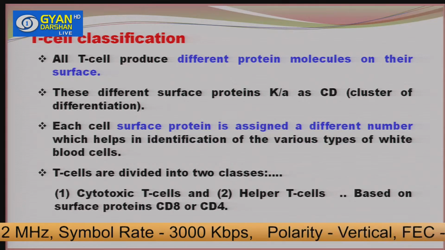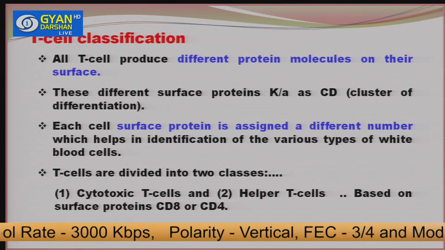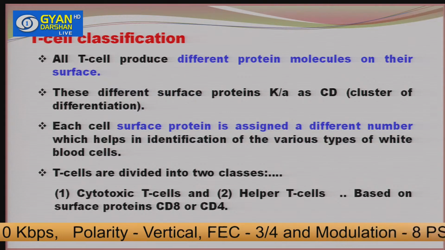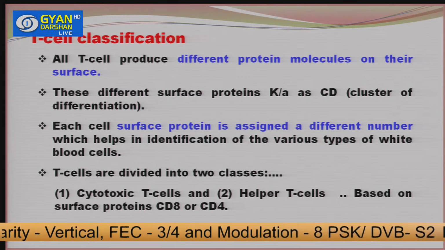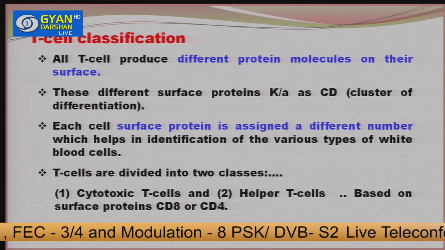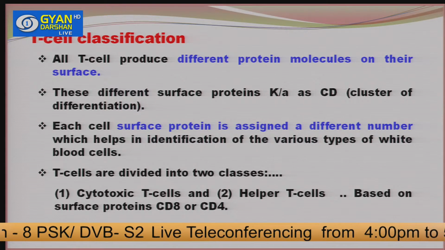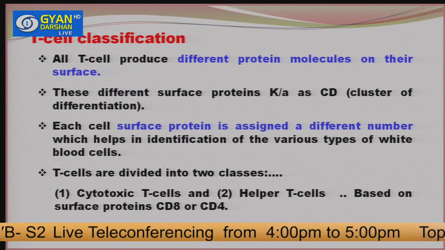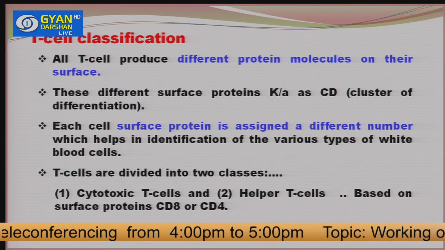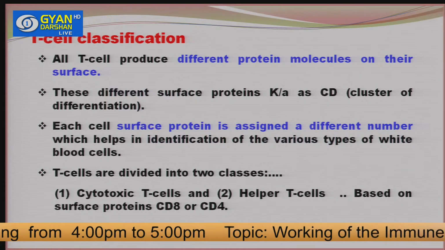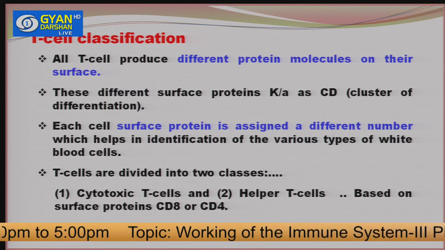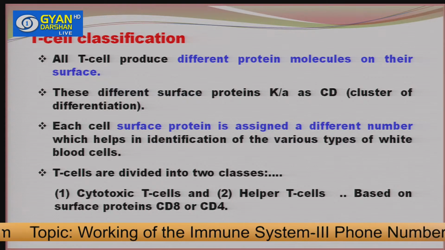Another thing I want to discuss is the T cell classification, how the T cells are classified. All T cells produce different protein molecules on their surface. A lot of protein molecules are expressed on the T cells, and these different surface proteins are known as CD.